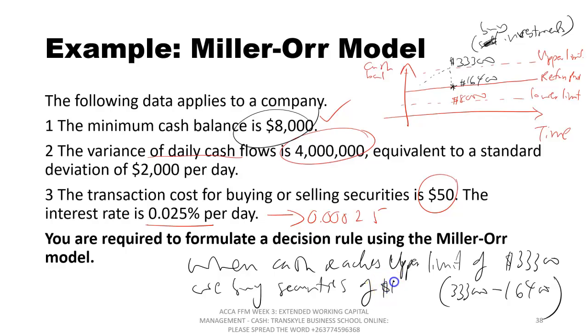So we buy securities of 16,900, and you need to show this working to the examiner.